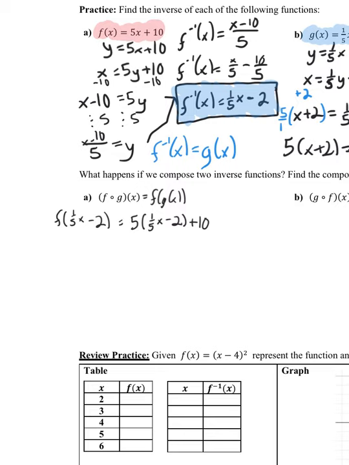So I take this 1/5 x minus 2, that's my g of x function, and I'm substituting that in as my input now. Instead of having the input as x, the input's now 1/5 x minus 2.